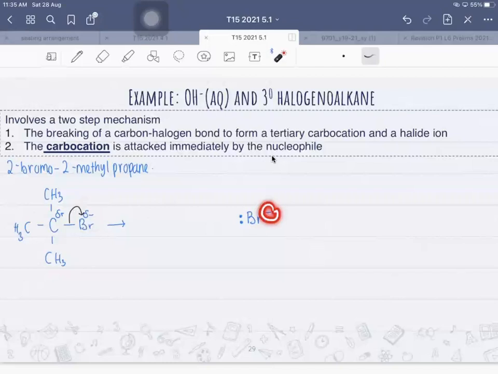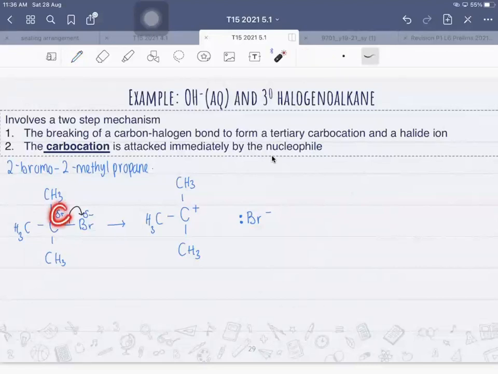So this is something students always get confused about, because sometimes they forget to change the bromine. They write it as delta minus instead. So the other product you will get is, since the carbon lost its electrons, carbon did not get the electrons, carbon should develop a full positive charge.